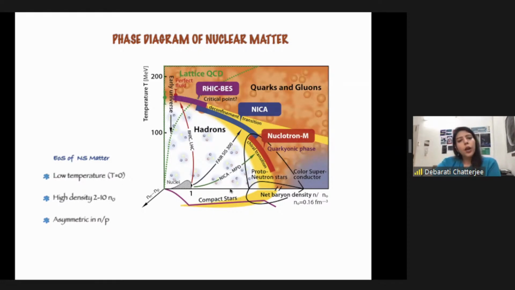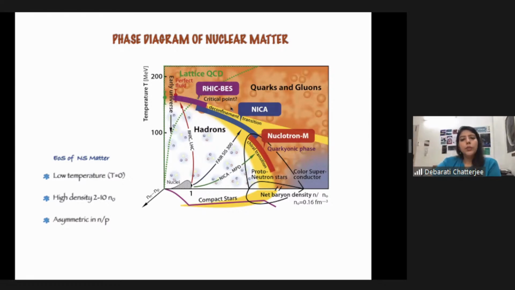On the other hand, you have other experiments, for example accelerators. I will talk about this very briefly. Accelerators, like you must have heard about the LHC experiment, the Large Hadron Collider, the RHIC experiment. There are also upcoming experiments like FAIR at GSI in Germany, NICA, and so on. All these heavy ion collision experiments actually probe matter which is hot and dense, so they lie somewhere in the intermediate region.